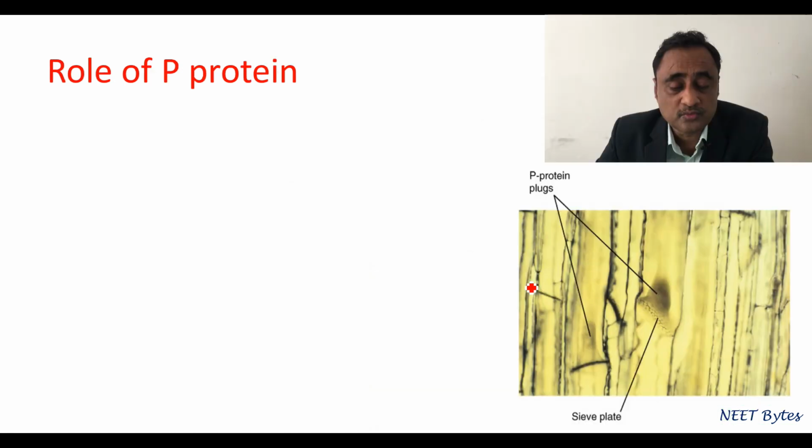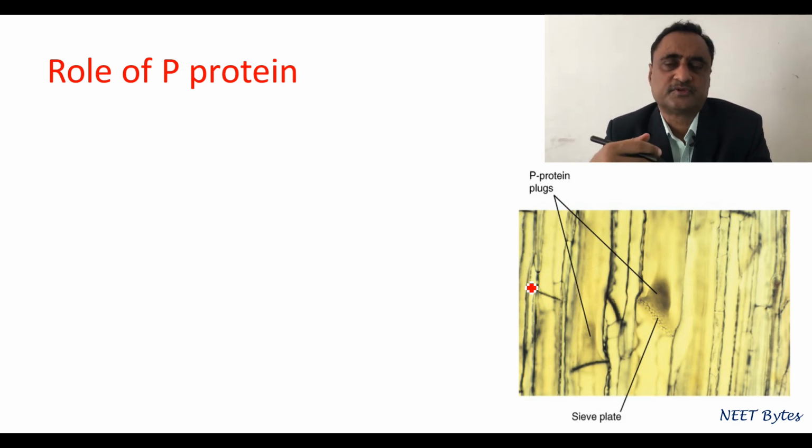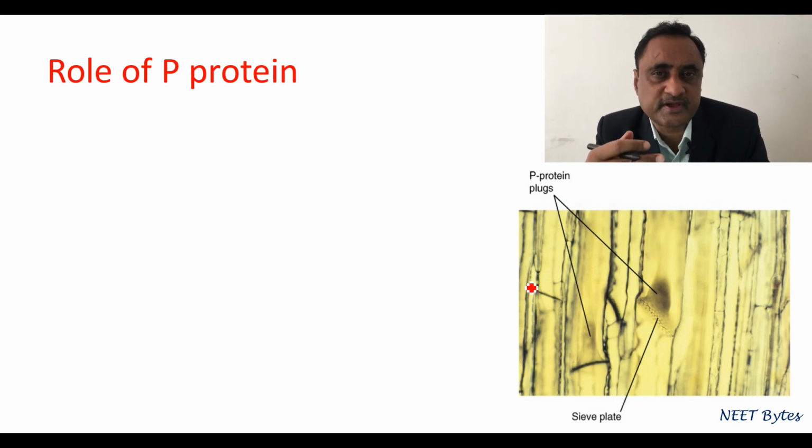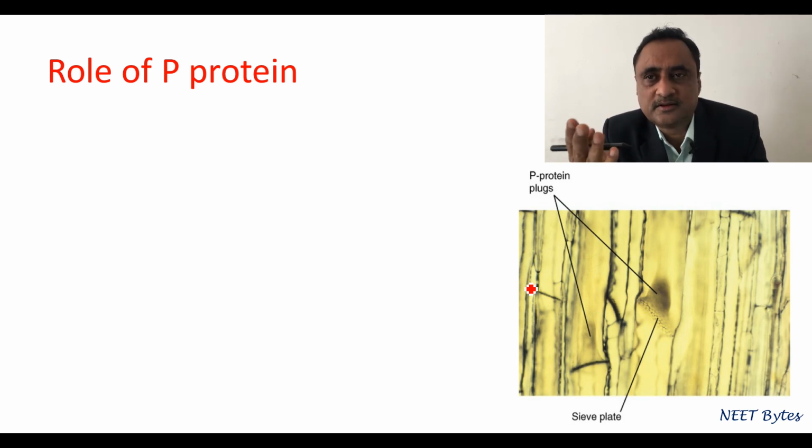Now let's talk about one of the most important proteins, what we call P protein, in translocation. As phloem is under pressure, there is every chance of excessive bleeding. You might have seen that when you cut the phloem, the phloem sap keeps on moving out.